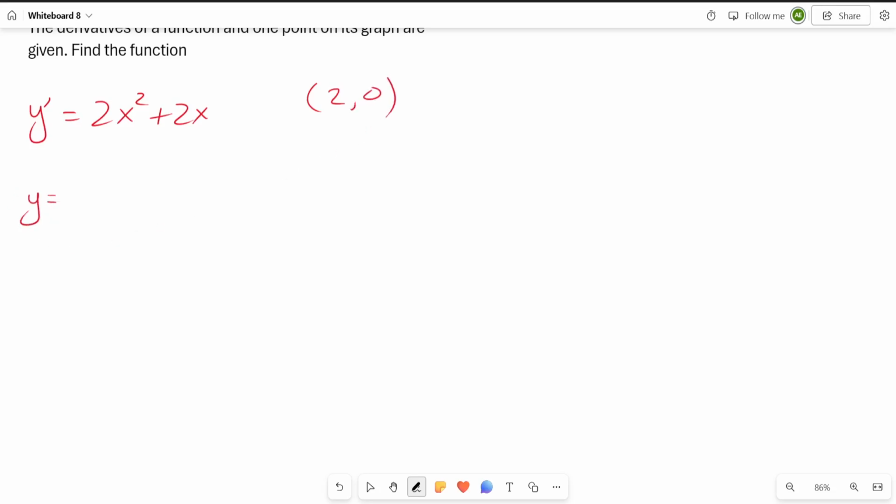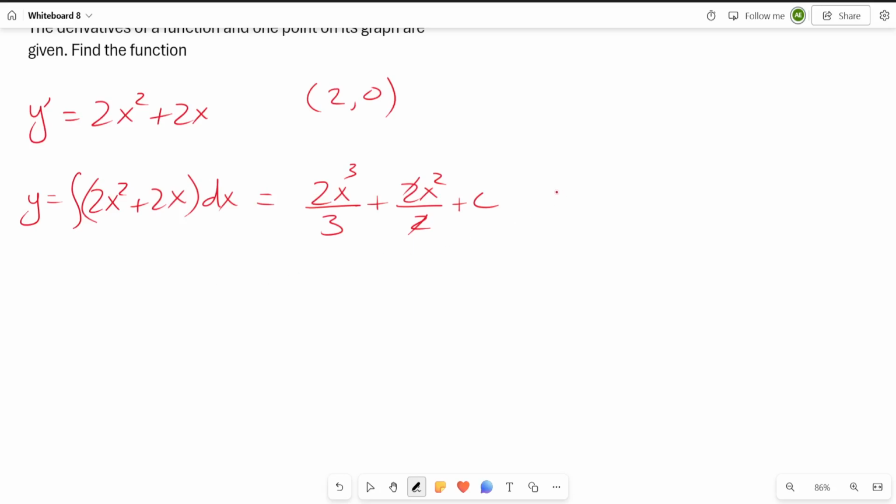So y again is going to be the integration of 2x squared plus 2x dx. That is going to be equal to 2x cubed over 3 plus 2x squared over 2 plus c. So over here, this 2 and this 2 can cancel, and I can substitute now the 2 into the x's and the 0 into the y.